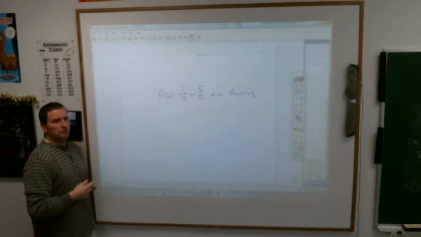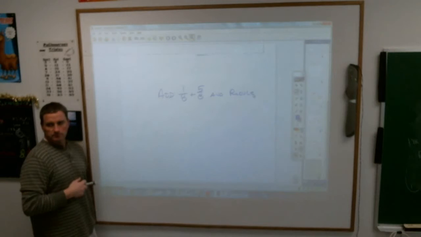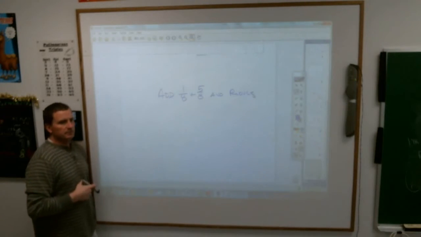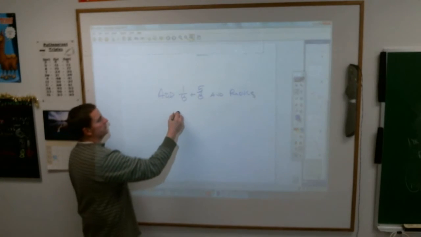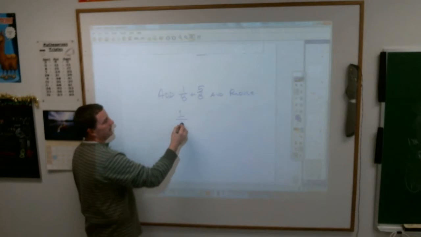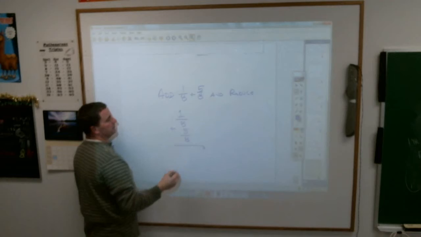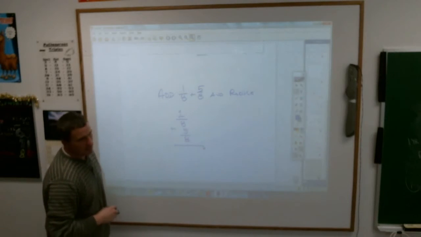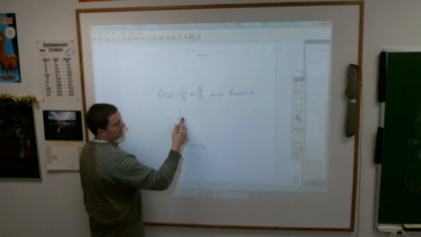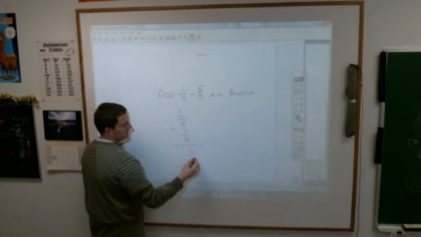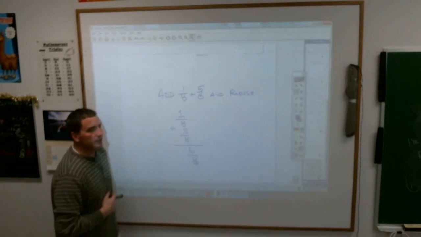So first thing I'm going to do is what on my paper? 1/8 plus 5/8, and when I add those two fractions together, you get 5 plus 1 is 6/8.